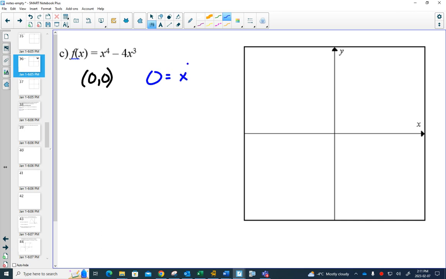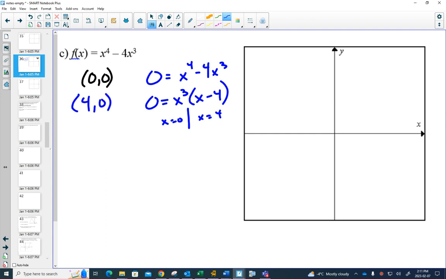And in this case, you can factor out an x cubed, leaving you with x cubed times x minus 4. So you would get x equals 0 and x equals 4. We already found 0, 0. But we now know that our x-intercept is 4, 0. So that's some stuff from previously.